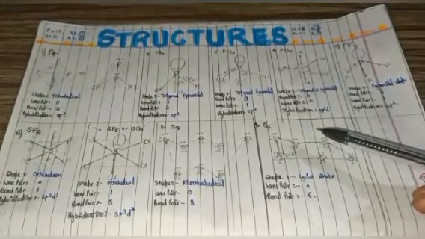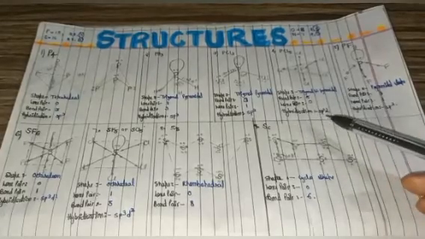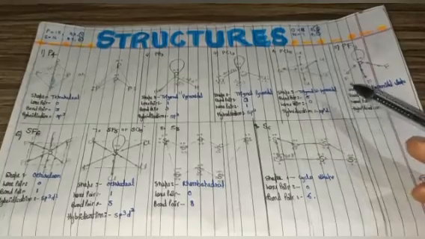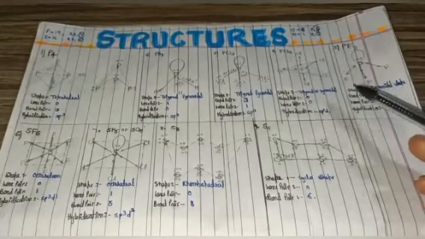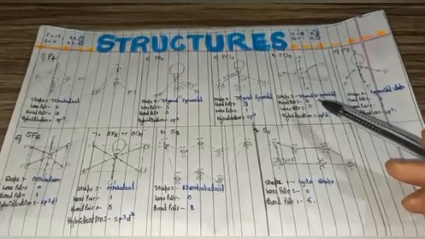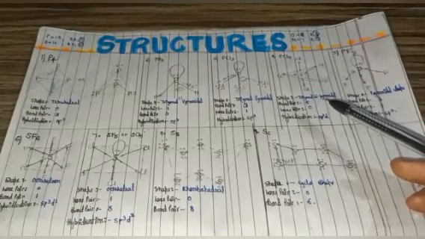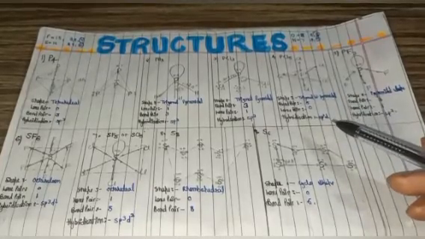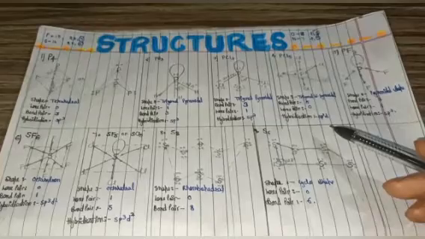Before explaining the structures, I'm going to tell you some of the rules for how we form the structure of any compound. First of all, we should know the atomic number of the elements in the modern periodic table. And second, the electronic configuration of that particular element.